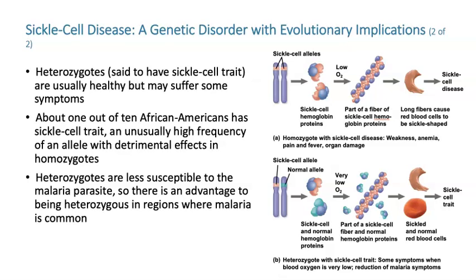But it's painful and deadly, yet there is an interesting reason why it's so common in African Americans. If you're heterozygous, some people say you have the sickle cell trait; I prefer to say you carry the trait, or that you're heterozygous. Such people tend to be very healthy, although there might be some symptoms, and you might only experience them if the environment you're in is low in oxygen.